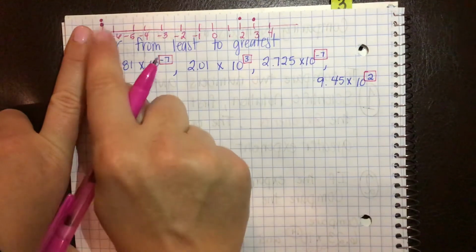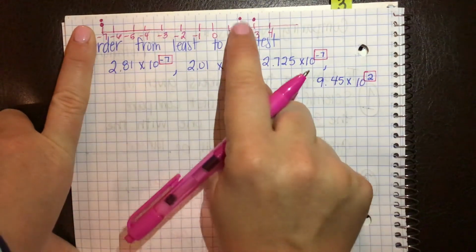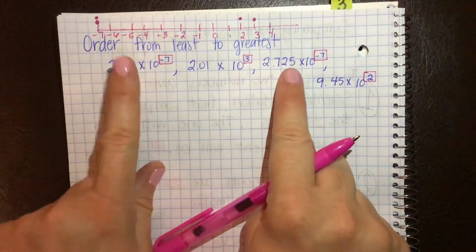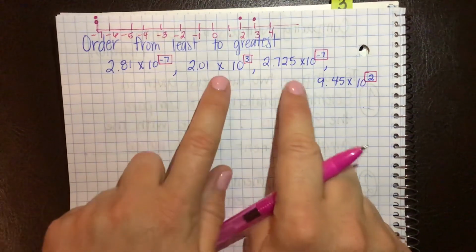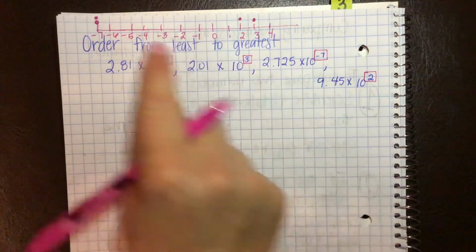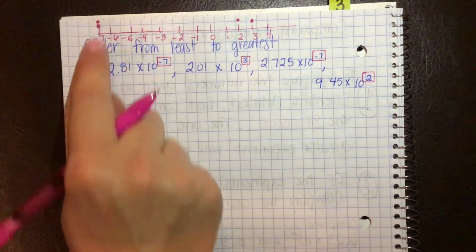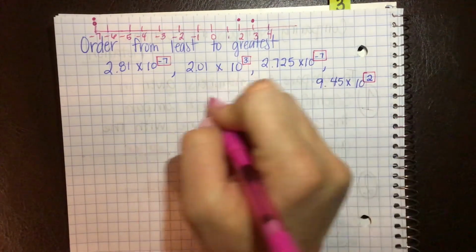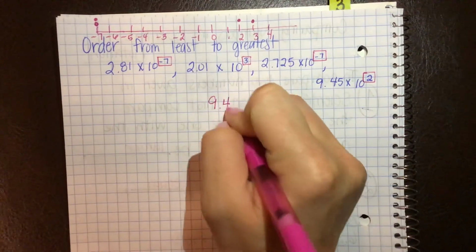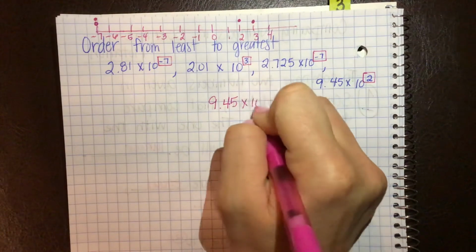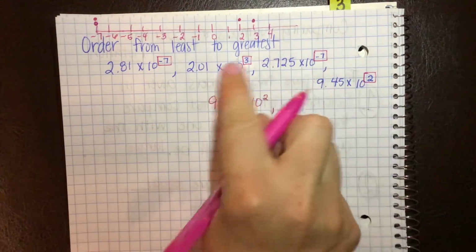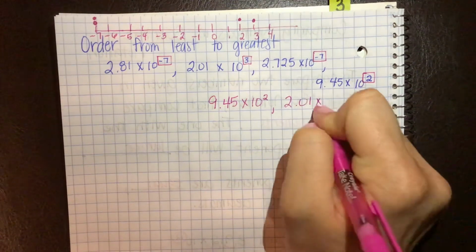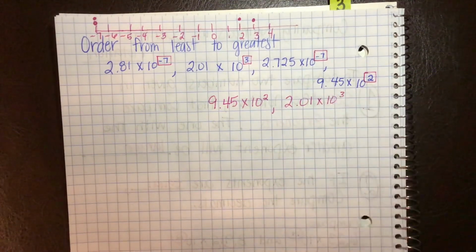But so I have 2 negative 7s, and we know we are going to have to look at this one differently, but then we know that it goes 1 and 2 in some order, 3 and then 4. So this one is going to be second, so 9.45 times 10 squared. The last one would be 2.01 times 10 cubed.